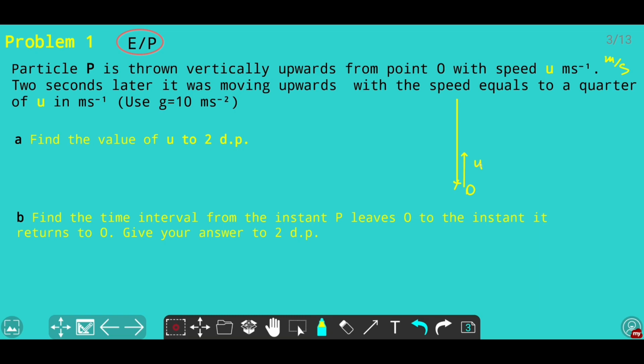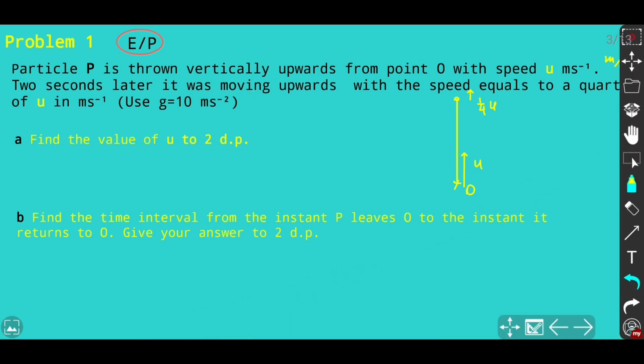After 2 seconds it reached this point, and here it had a velocity of a quarter of u, so I put a small vector here and mark it as 1/4 of u, still upwards, according to the words. We need to figure out the value of u to 2 decimal places.